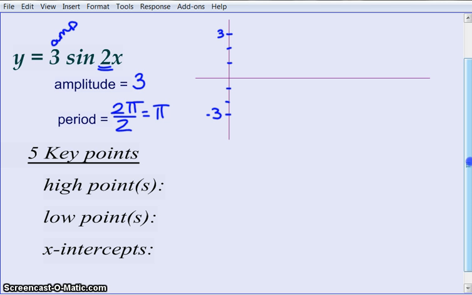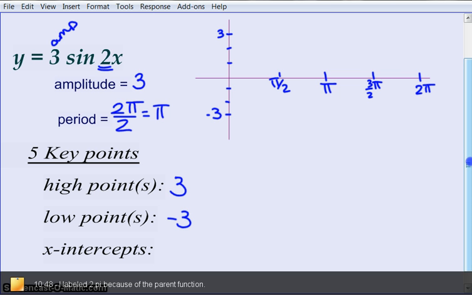I know that I'm going to finish one cycle at pi. If I just label 2 pi in there and then label the halves, here's half a pi, here's 1.5 pi, I get things started to label based on what that period is going to be. I know my high point is going to be at 3, my low point will be at -3.